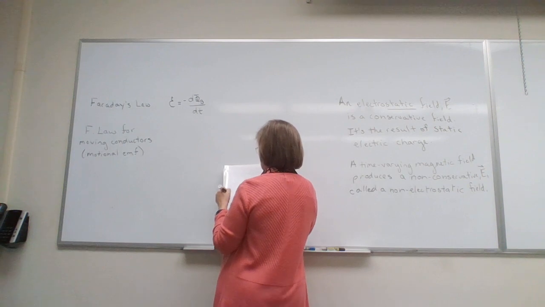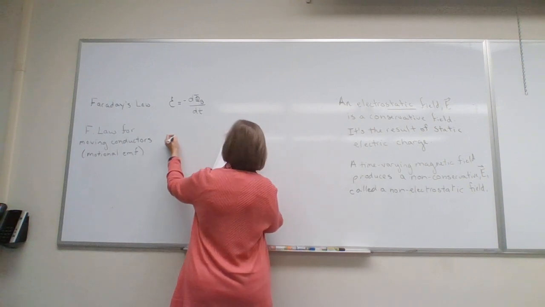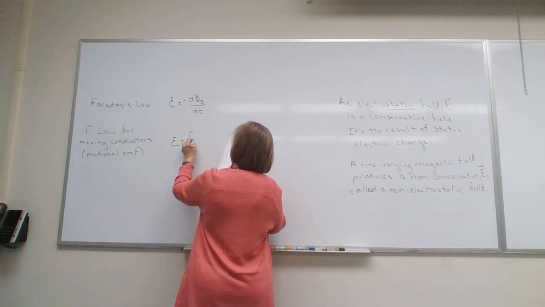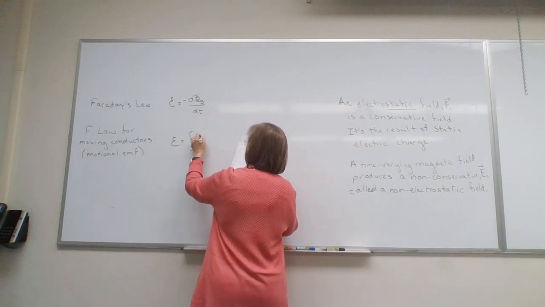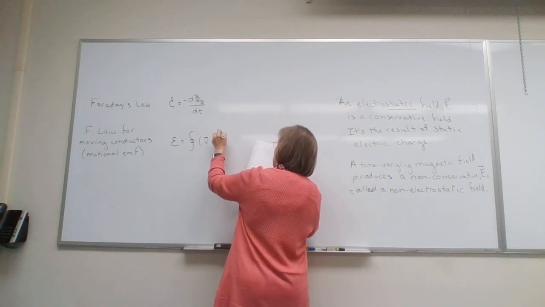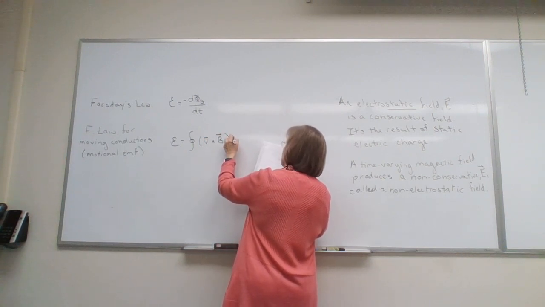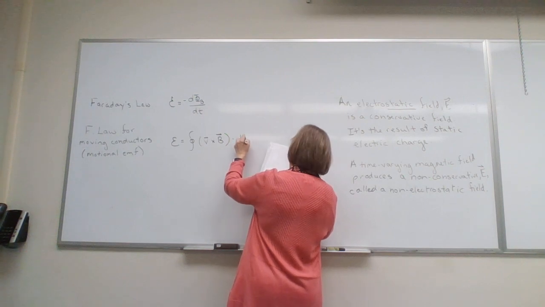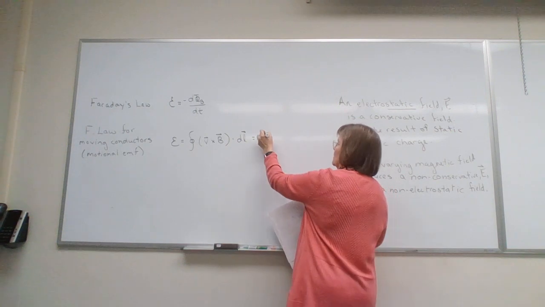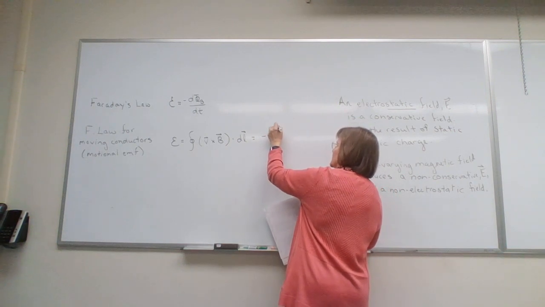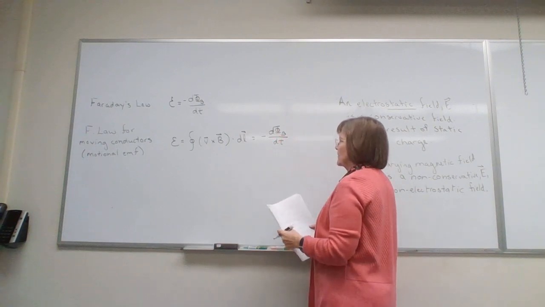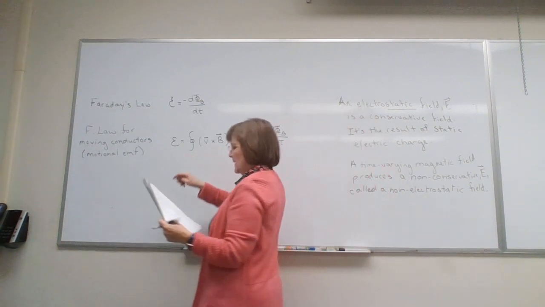In that case, the induced EMF is the integration across this loop or path of V cross B, and then the dot product of that, dl. But that still has to equal the negative derivative of the magnetic flux. I mean, it's just another expression, but this is still equal to that.